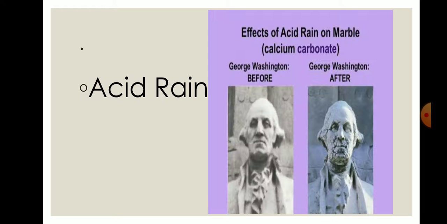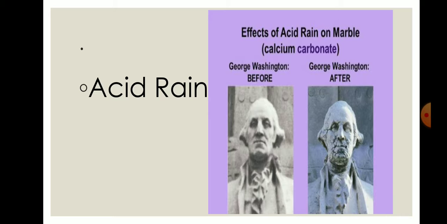But students, can you find any difference between these two images? This is the statue of George Washington, and this is the same statue. The first one was taken before the acidic rain, and the second one was taken after the acidic rain.